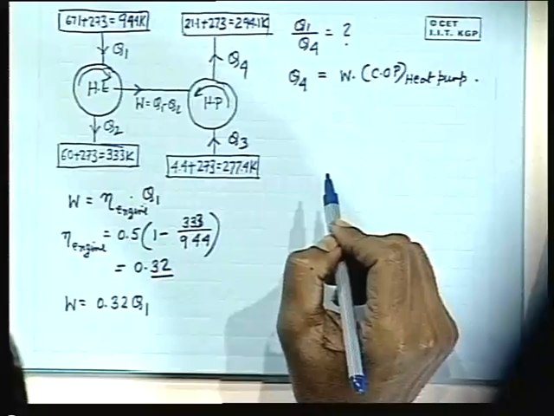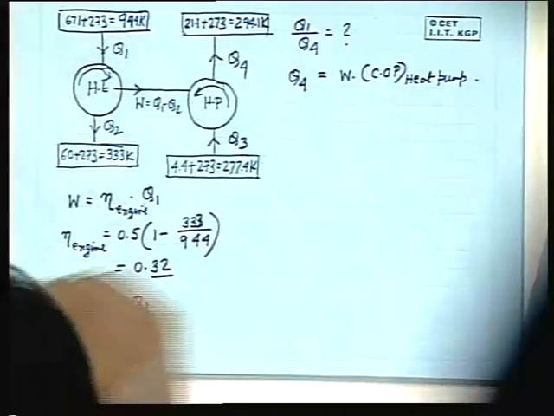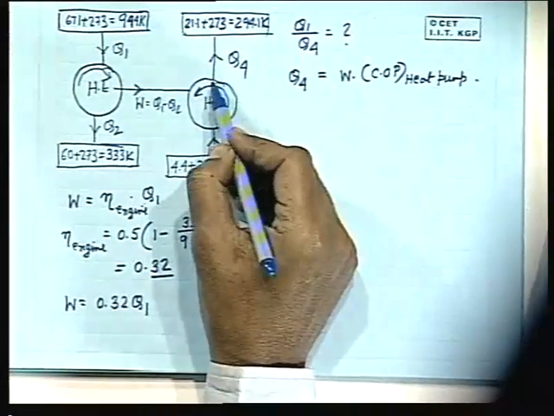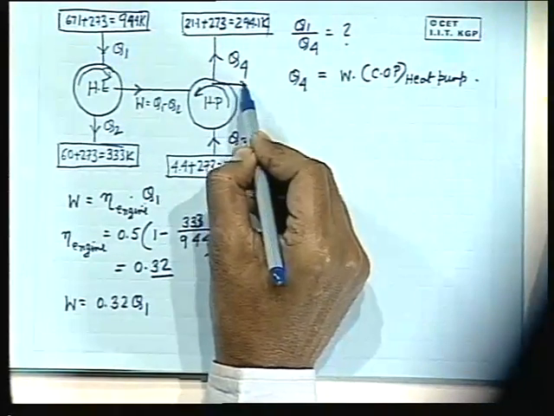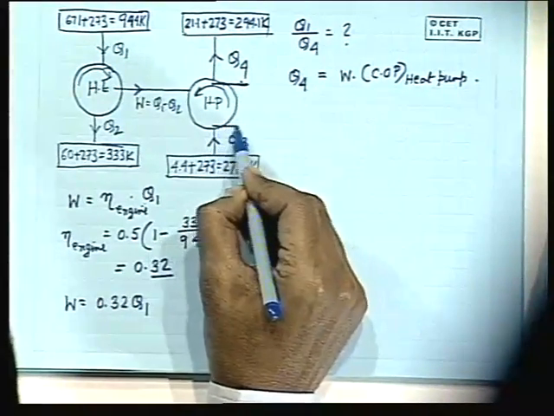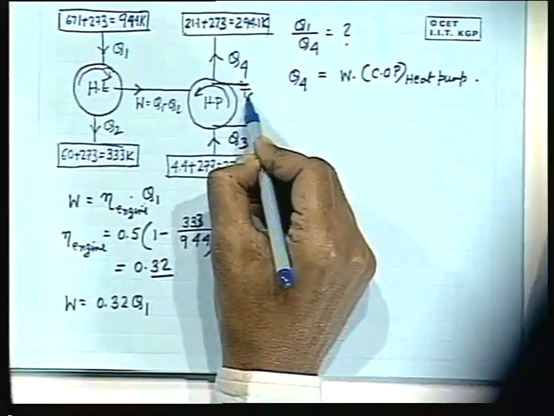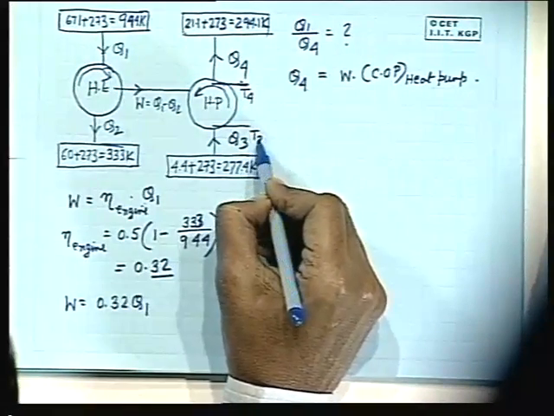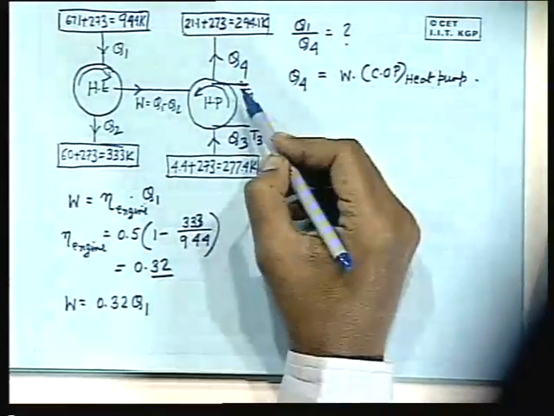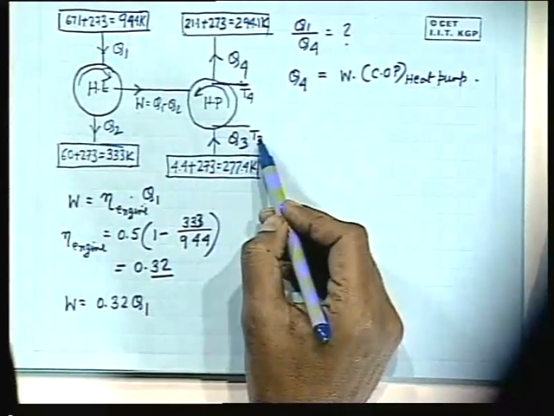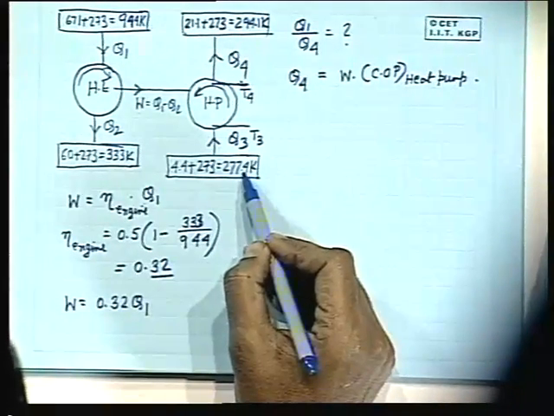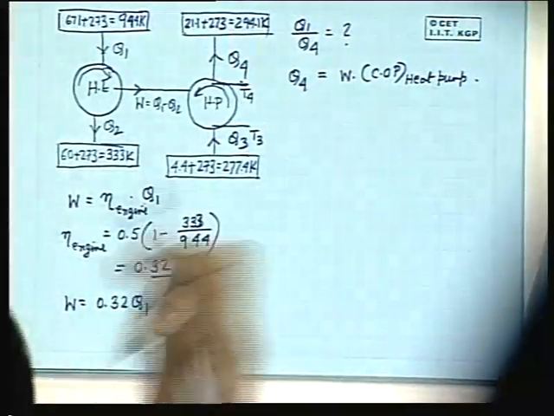Now, what is the COP of the heat pump? But here one catch is that there is a thermal irreversibility. That means the temperature of the working fluid here and temperature of the working fluid there, let this temperature be T4, let this temperature be T3. Neither T4 equals 294.1 K nor T3 equals 277.4 K. So, what is first T3?